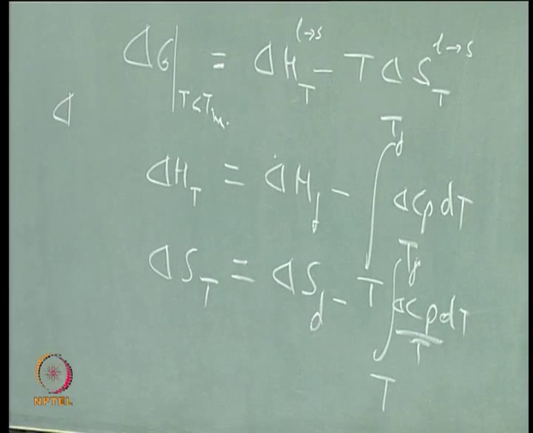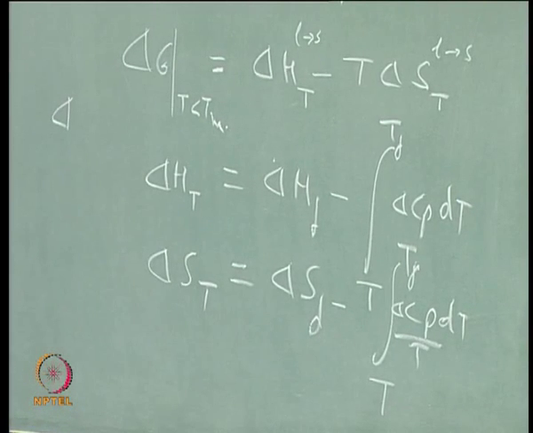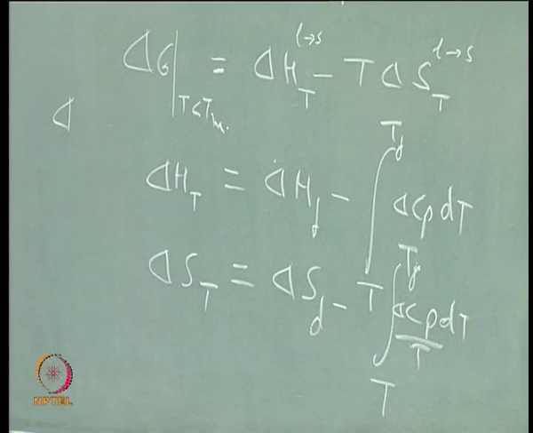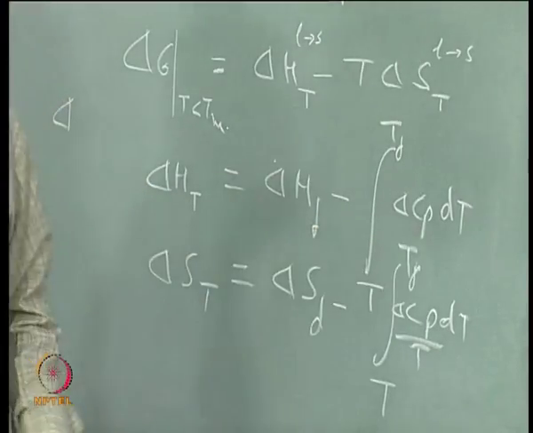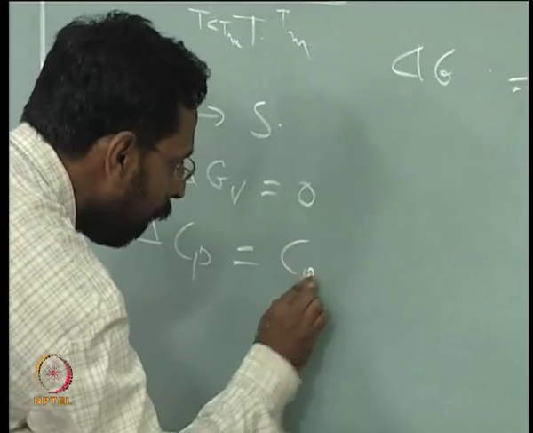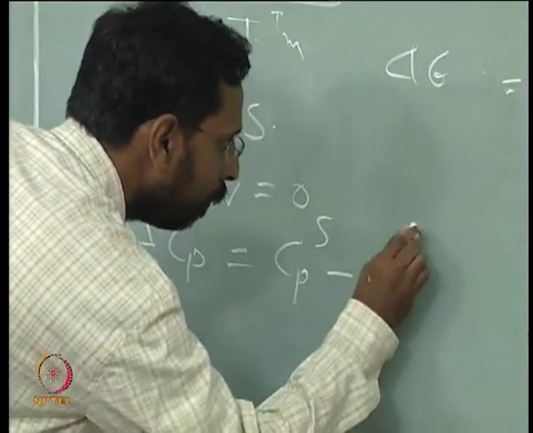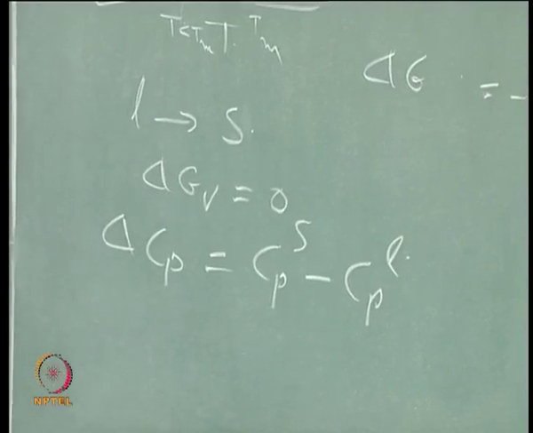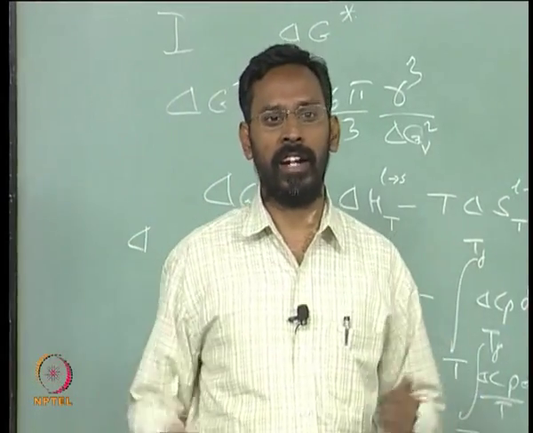This appears to be such an easy thing, but in practice it is not easy. Where is the catch here? The catch here is in finding out delta Cp. What is delta Cp? Delta Cp is Cp of solid minus Cp of liquid. Remember, whenever I say delta, I always write product minus the reactant.